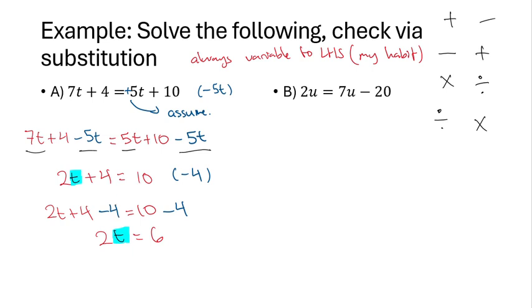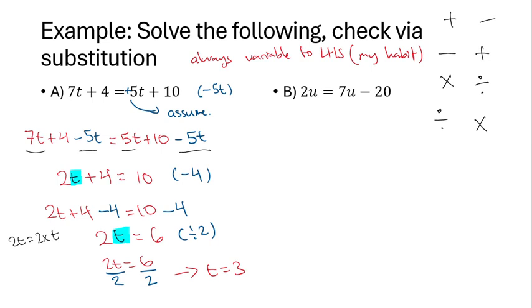And now I can see that this 2 is attached to the letter t. Just remember 2t basically means 2 times t. So if we apply the inverse of timesing, we are now going to divide both sides by the number 2, just like that. So it becomes 2t equals 6, divide both sides by 2, and I end up with t equals 3.